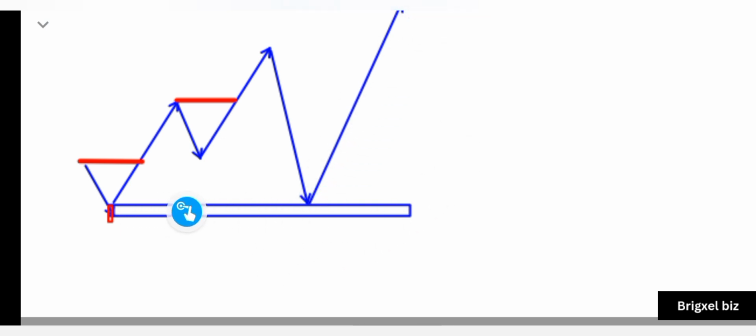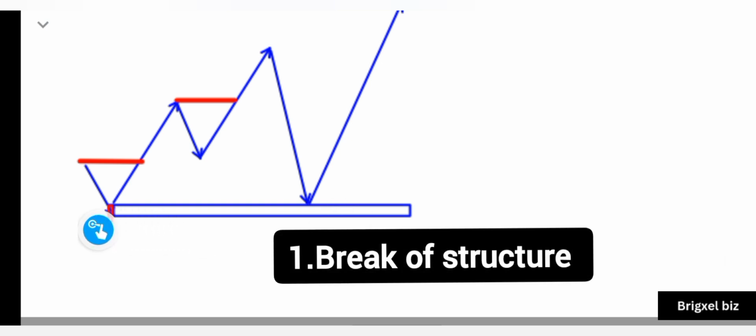Now this would not work all the time, but this is a trading plan that would work most of the time, so you would have more wins than losses using this. There are a number of things I would expect before entering here. First, I would make sure that this order block produced a break of structure.